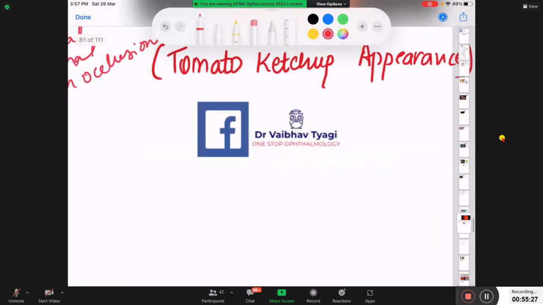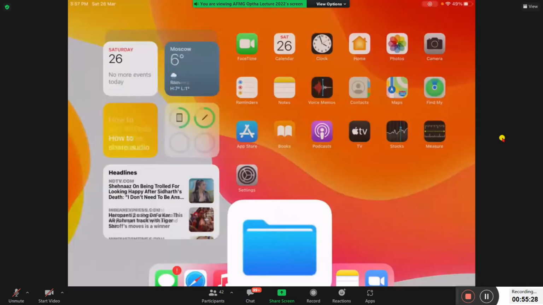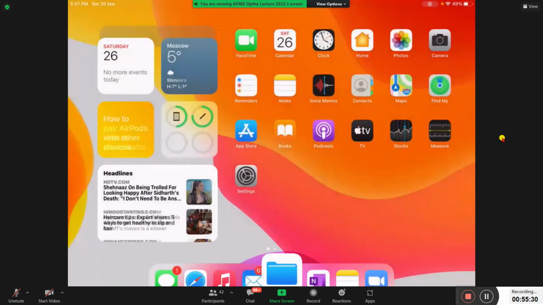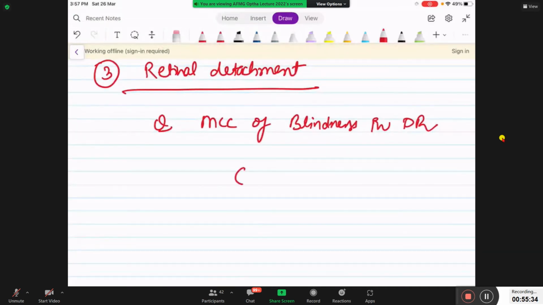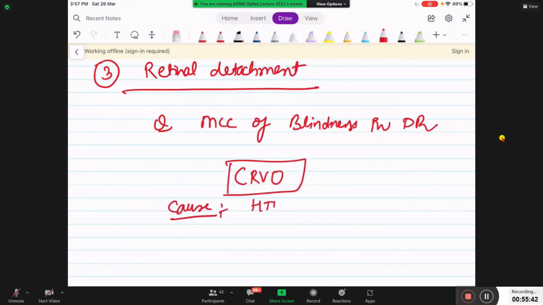Now write down, in CRVO, cause, write down hypertension. Most common cause of CRVO is hypertension.